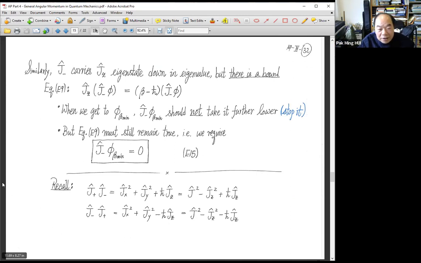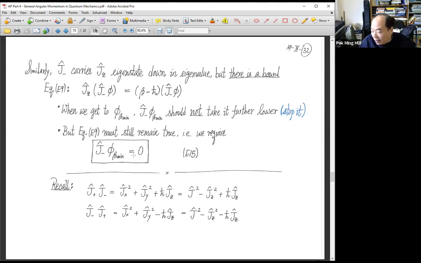So some minimum Z component state must exist such that when J minus hits this state, it gives 0. Once you have this 0, you operate J minus on it, it will keep on giving you 0. It will not go lower and lower in eigenvalue. All right. So we are getting there. We defined the maximum one and the minimum one.